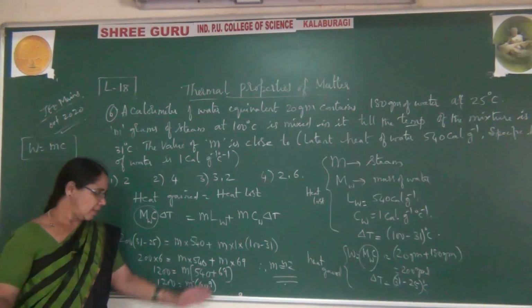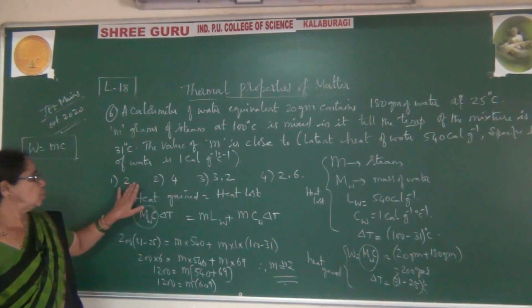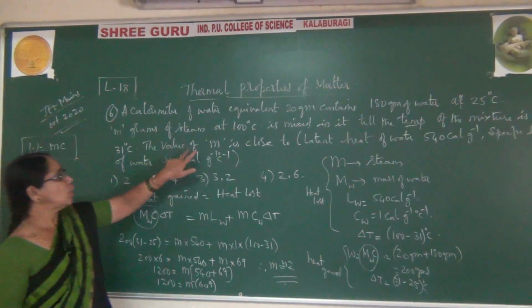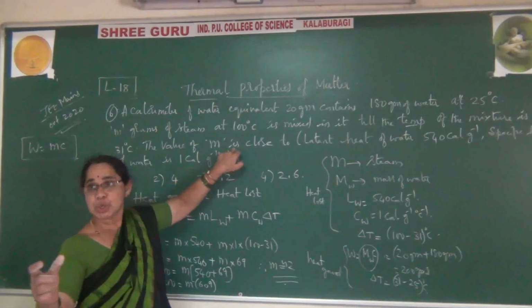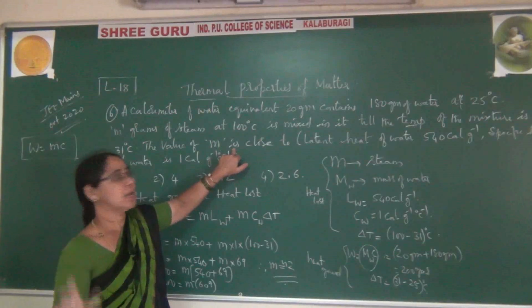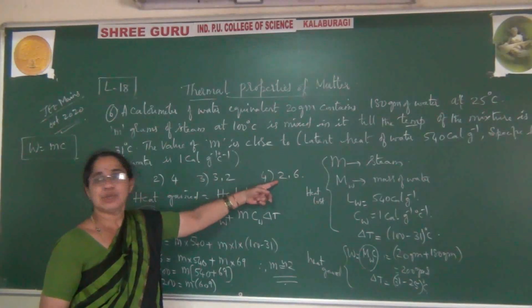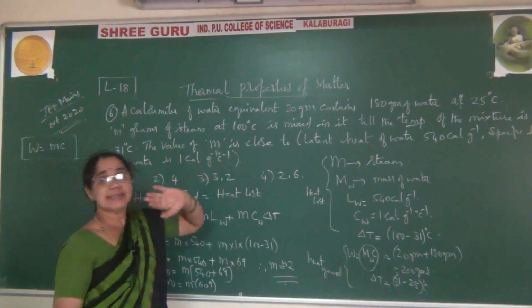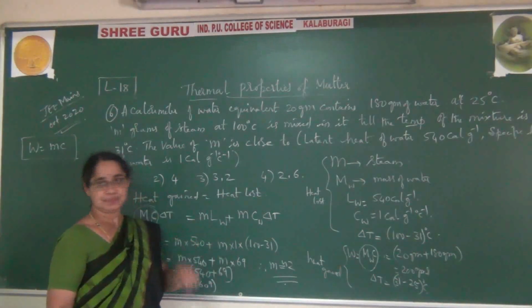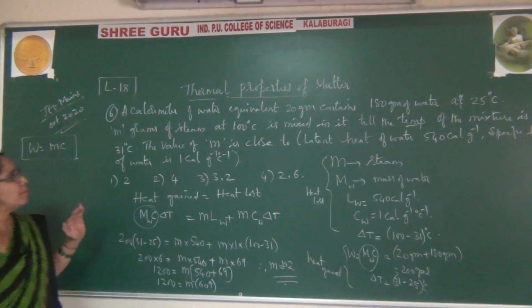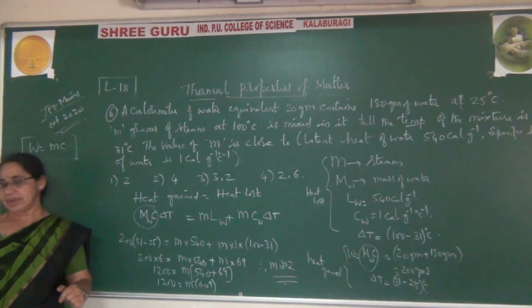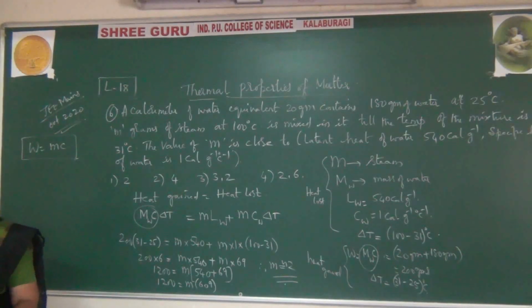You get 1.999 something, which is approximately 2, because they have said the value of M is close to, so you have to take the nearer answer. You need not go further. Hope you understood this problem. Okay, right.